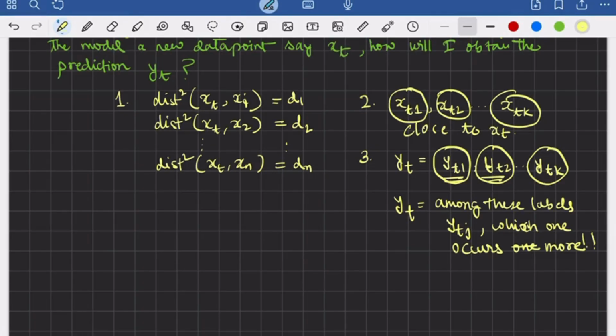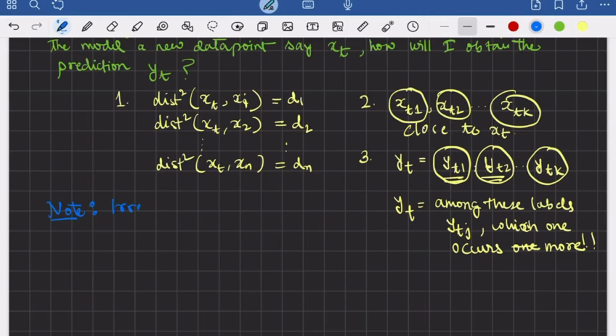Now, one thing to be observed is that irrespective of what k is, we have to compute the distance of xt to every point xi. So let me write that down as a note.